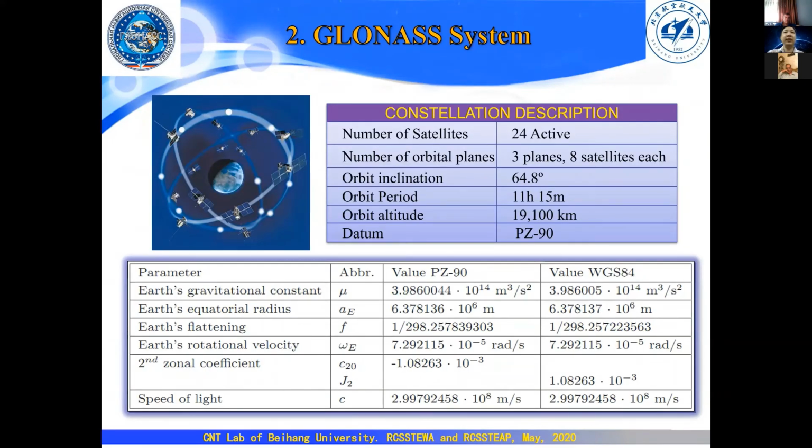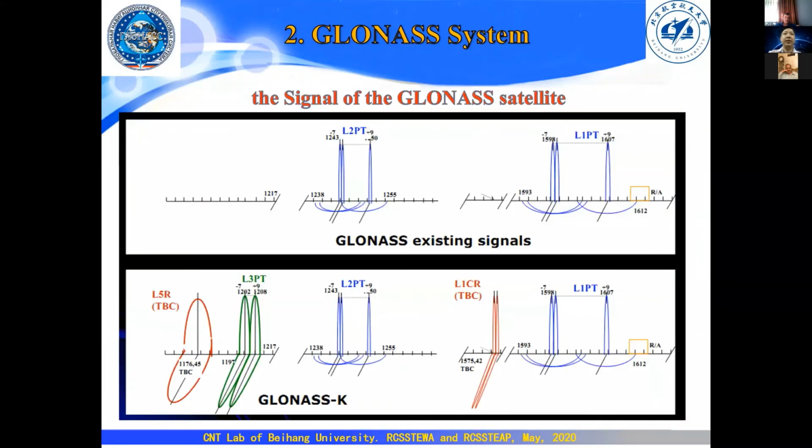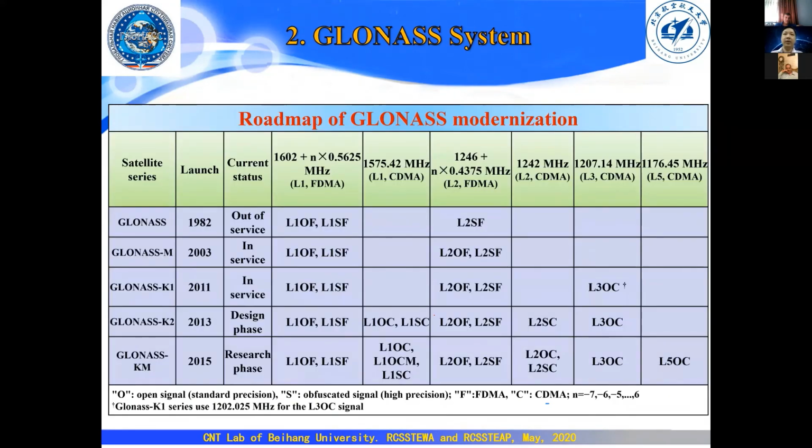And also the constellations, the parameters, and they have different types of satellites: GLONASS M, GLONASS K1, GLONASS K2, etc. And also these are the GLONASS signals and the expansion of the signals. GLONASS is also making its modernization from GLONASS to GLONASS M, GLONASS K, and GLONASS KM, to add different satellite signals into the system.